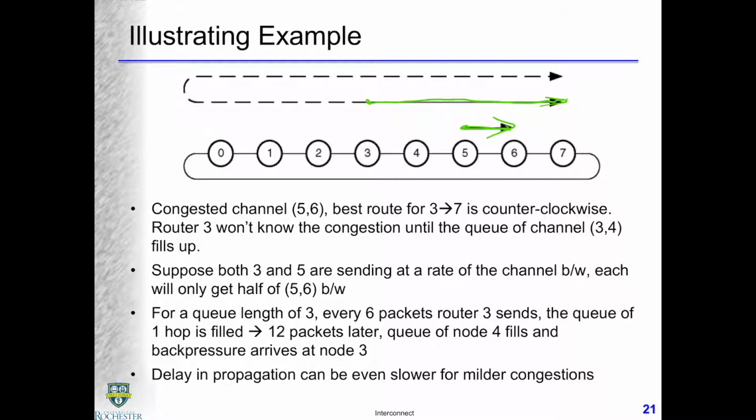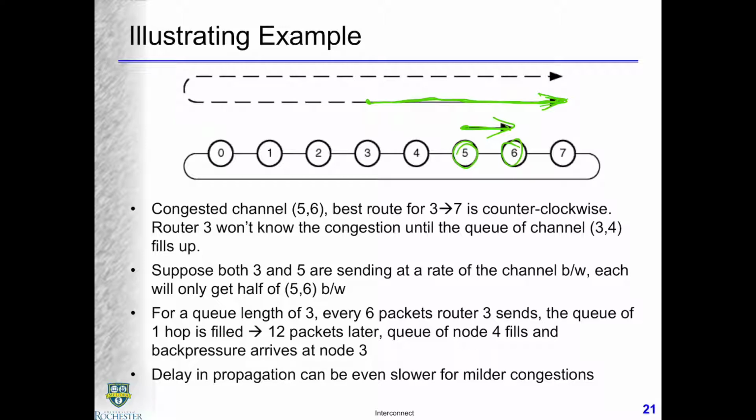In this example, suppose 3 is also sending at maximum speed, 1 packet, 1 unit per cycle, to 7. Then what happens? Imagine that, right? If I were completely fair, I would allow 1 such packet to go from 5 to 6, 1 packet to go from 3 to 7, and suppose I have some queue.